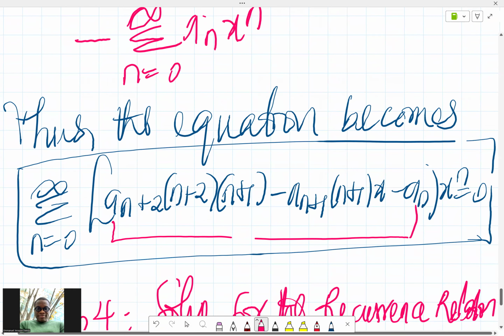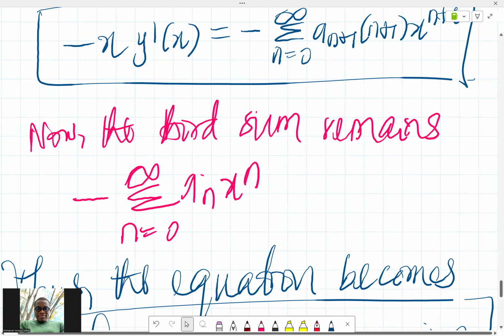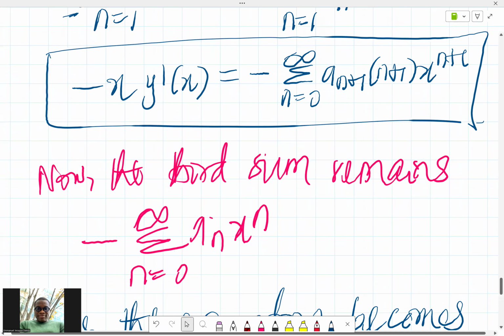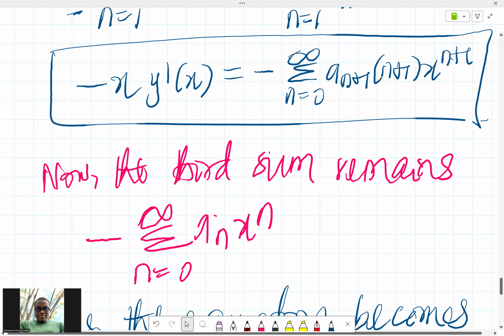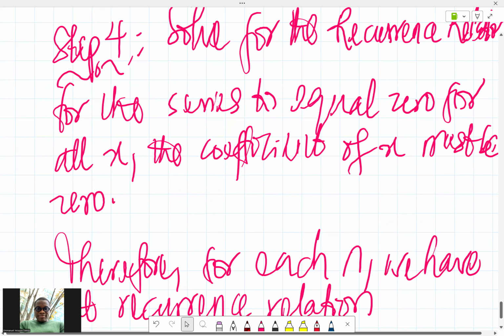But I have an issue with this x that is still here right now. It looks like the whole thing has been lumped together. Do we just ignore that or leave it the way it is? That's the concern I have right now. Okay, let's see what happens.